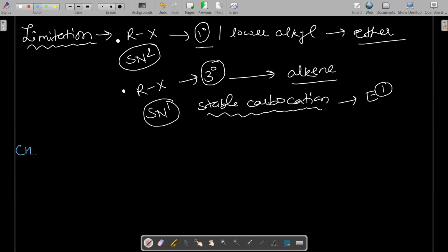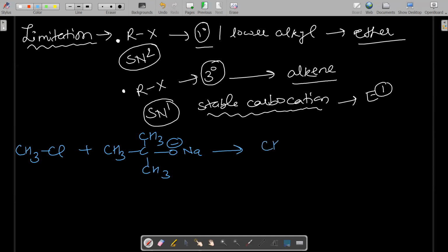Suppose this is CH3Cl, the alkyl halide is CH3Cl, and the alkoxide is a tertiary alkoxide. Then what product do we get? In this case, we get ether, that is CH3O, C(CH3)3, plus NaCl.